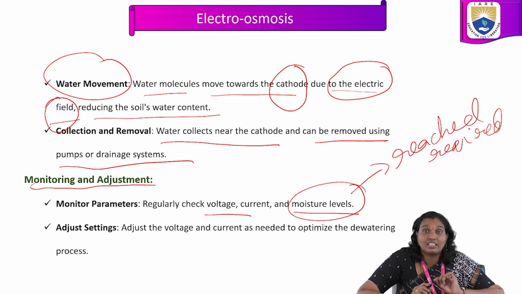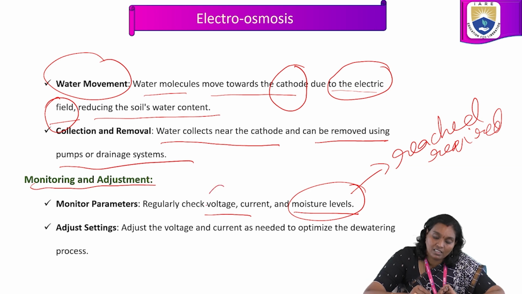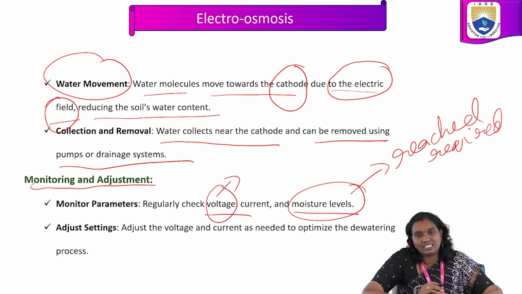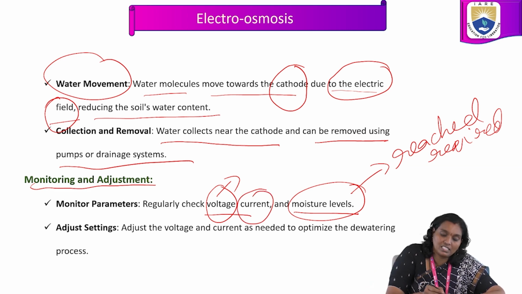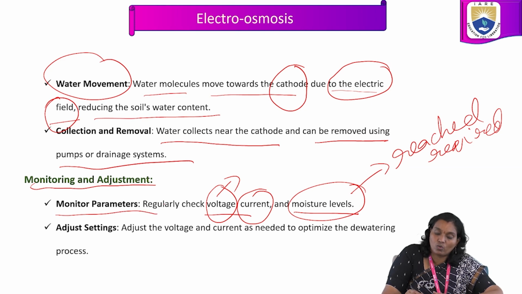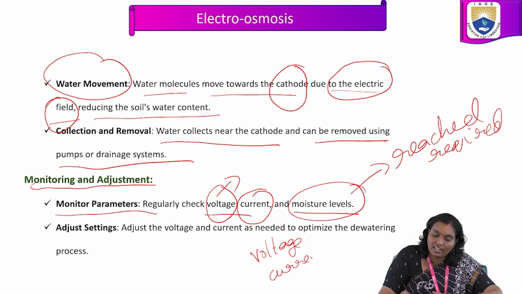Regularly checking voltage for getting better results, and this voltage control is very, very important for the passage of the current. So checking the voltage, current and moisture levels is very, very important. These are the major parameters which we check regularly, and monitoring is required: voltage, current and the moisture level.